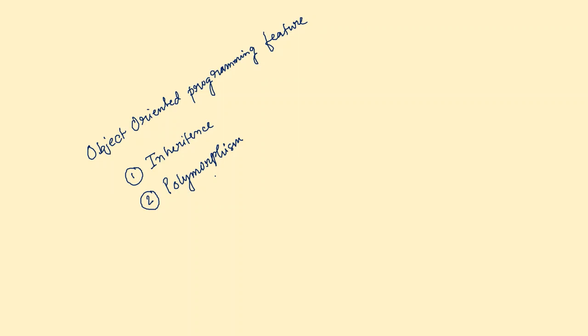This particular property is called polymorphism. There are two different ways by which we can implement this polymorphism. One we call method overloading, and one we call method overriding.